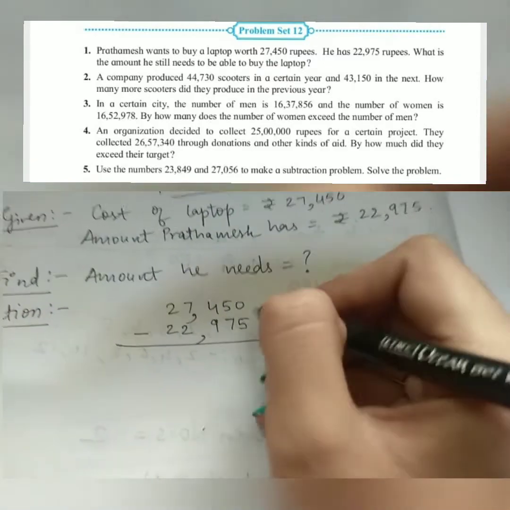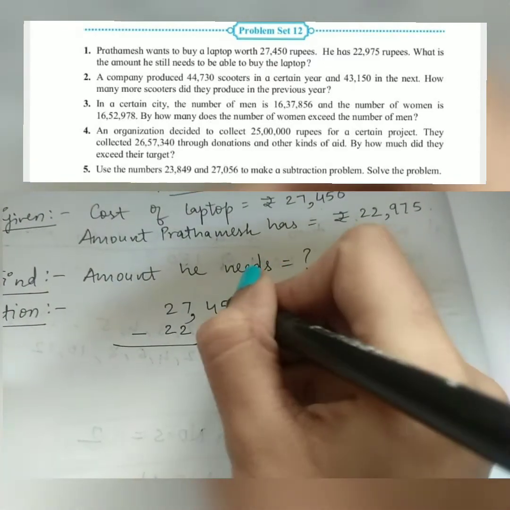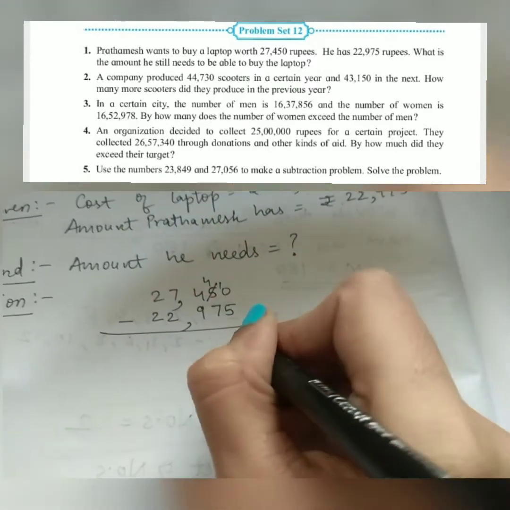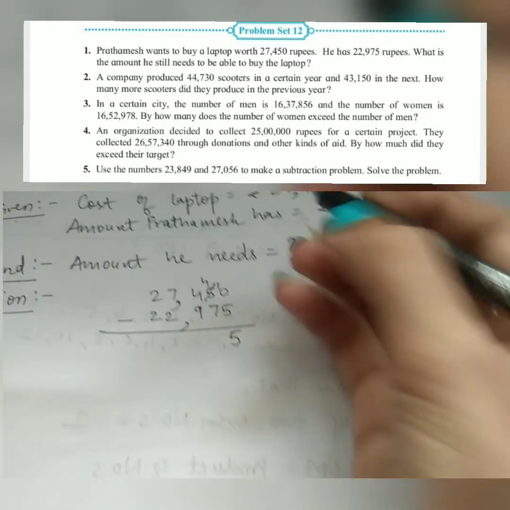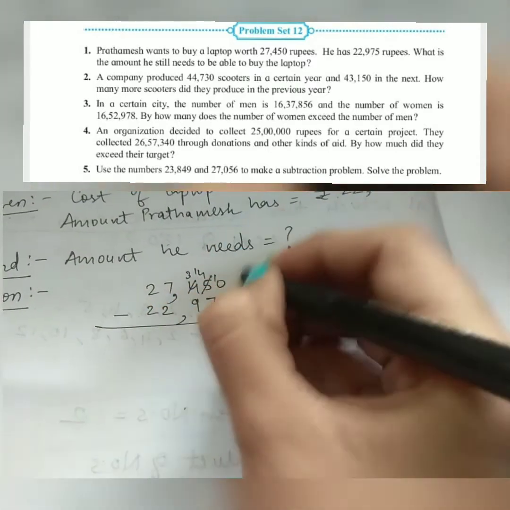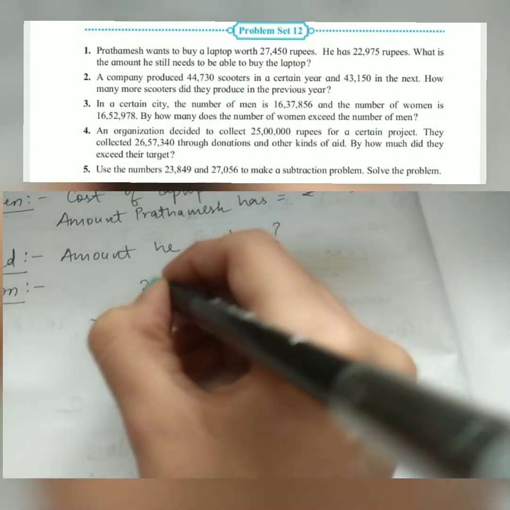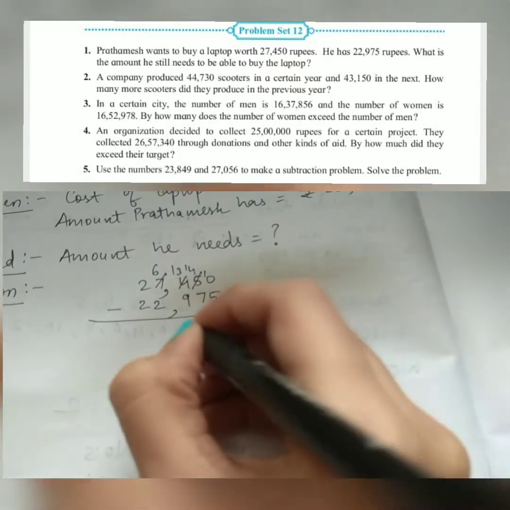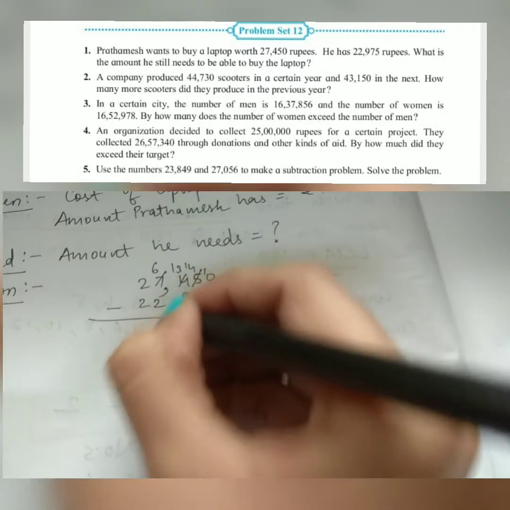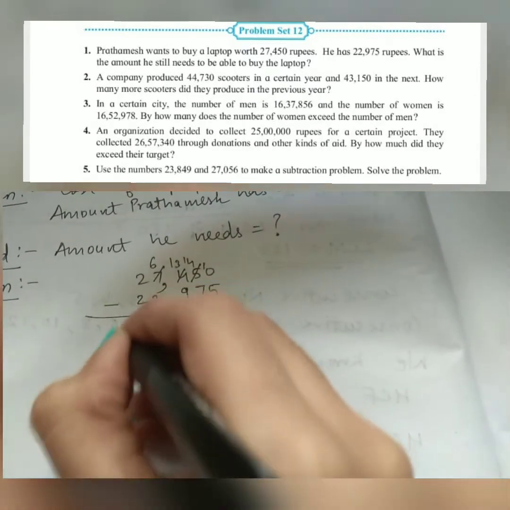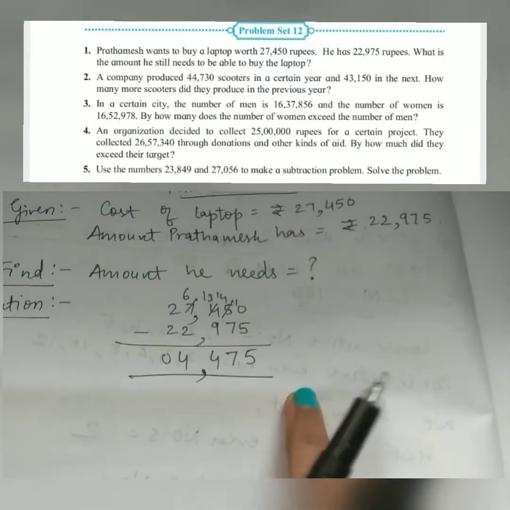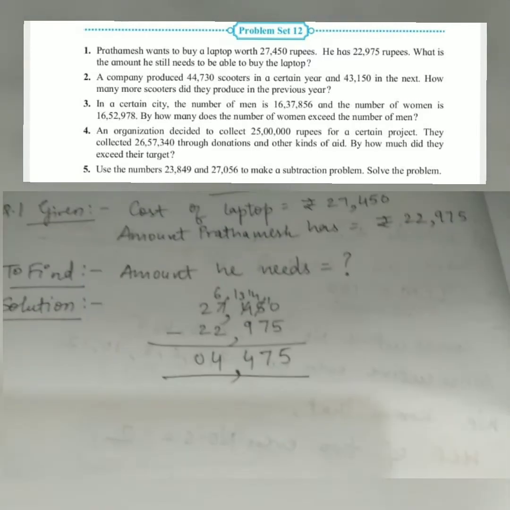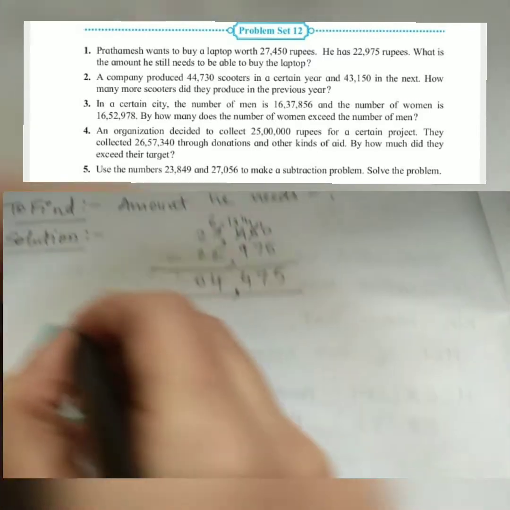Now we don't know how to subtract 5 from 0, so we will borrow. 4 minus 7 we don't know. 13 minus 9, 4. 6 minus 2, 4. So how much money he needs? 4,475.